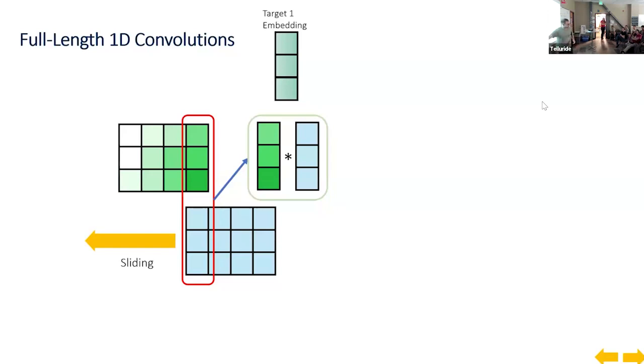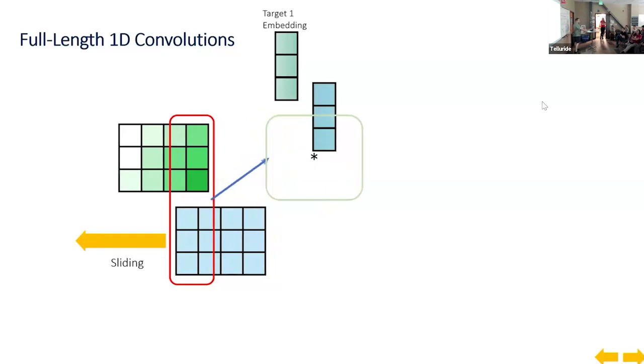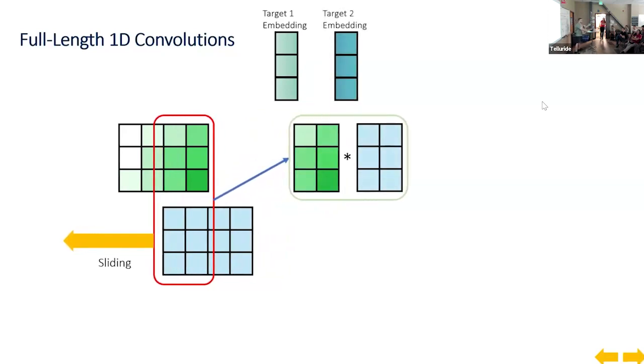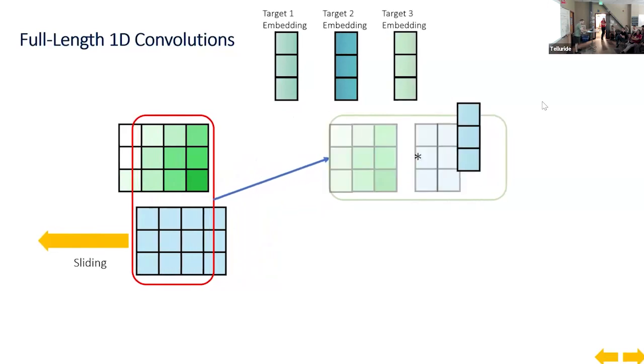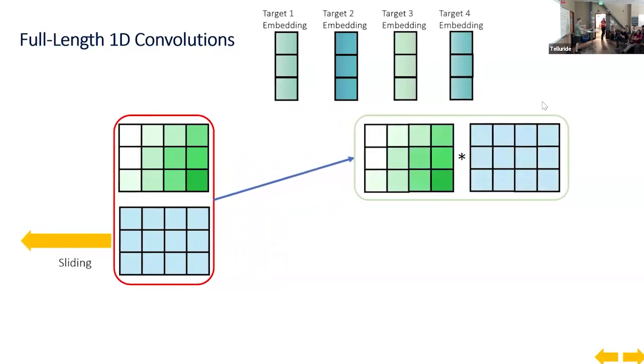Down here in this blue matrix is my 1D convolutional kernel, right? And these are going to be convolved with one another in order to generate some target embedding that then gets downstream processed through the rest of your model. So let's scan across. We're going to do an element-wise product in this step, and then we're going to do another step in the scan, another step in the scan, and that just keeps going.